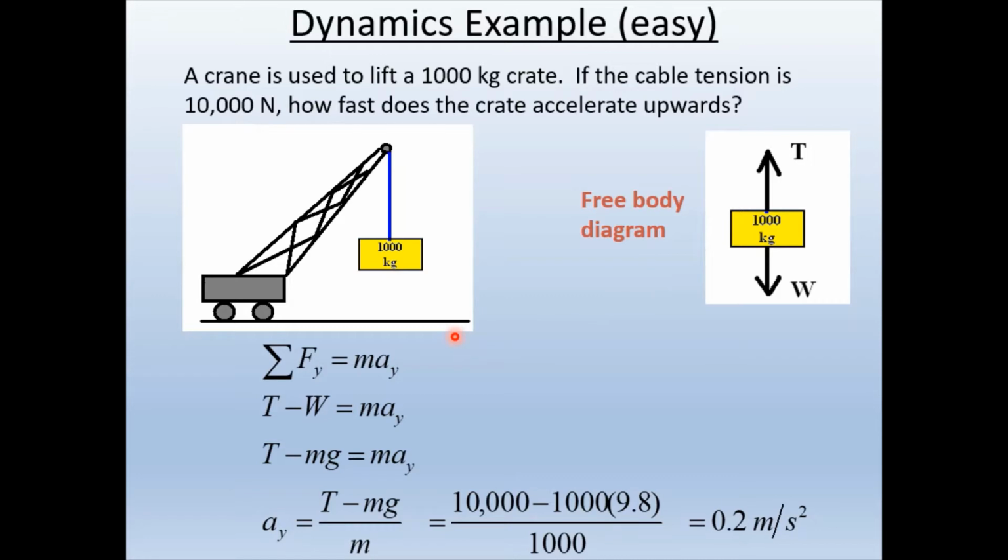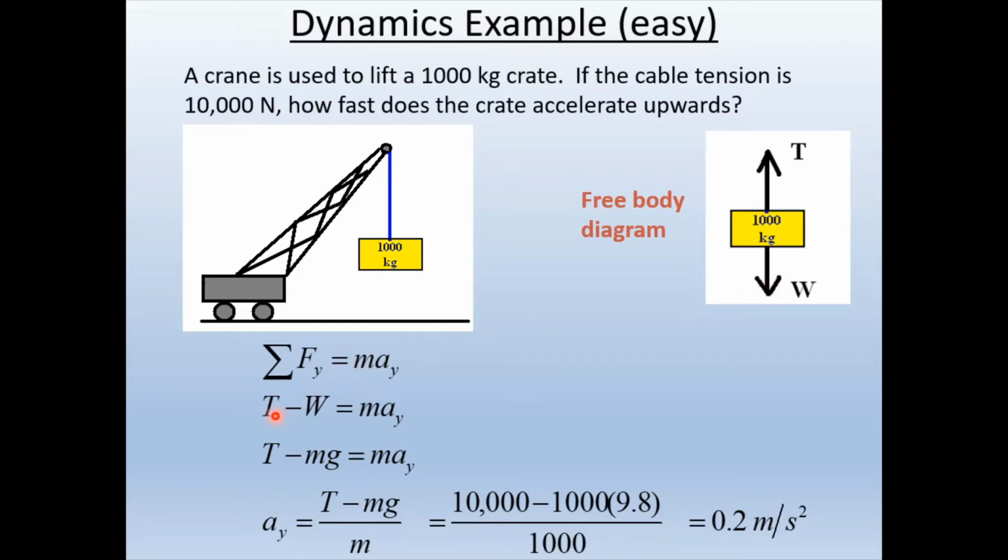So now we can set up Newton's second law. Since we only have forces in the y direction, we're just going to add the forces in the y direction and set that equal to ma. All right, so this is Newton's law, net force equals mass times acceleration. To add the forces together, we just look at the free body diagram and we see that tension points up and weight points down.